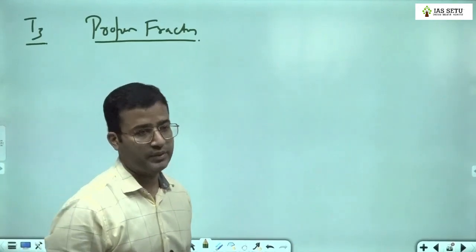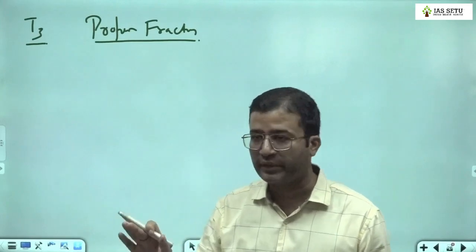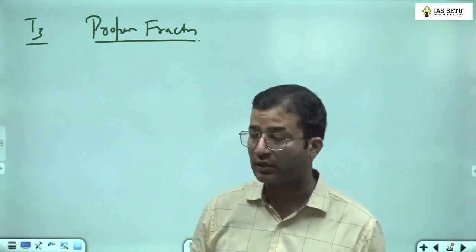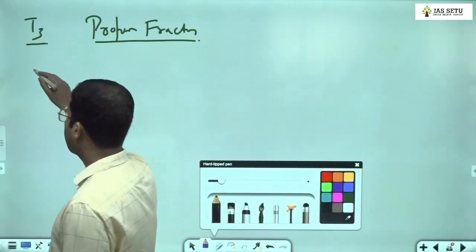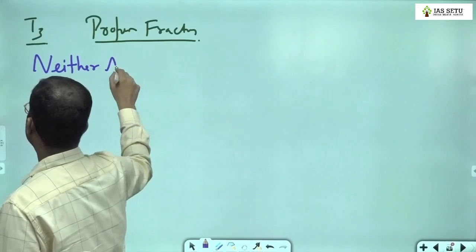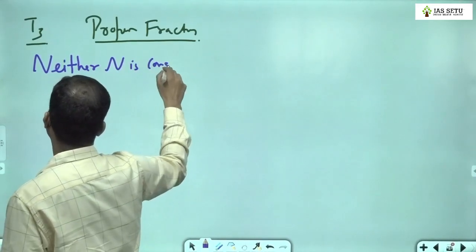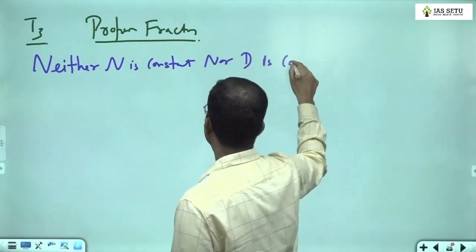Type 4 improper, मतलब I tell you, type 1 is denominator constant, type 2 numerator constant. Our type 3 will be neither numerator constant, you write, neither numerator is constant, nor denominator is constant.